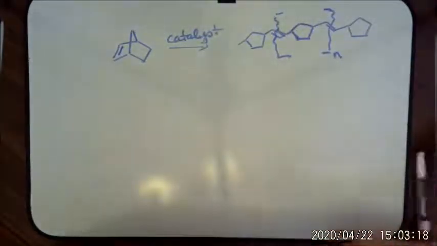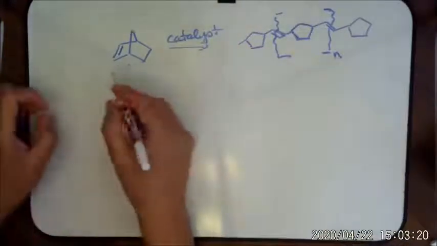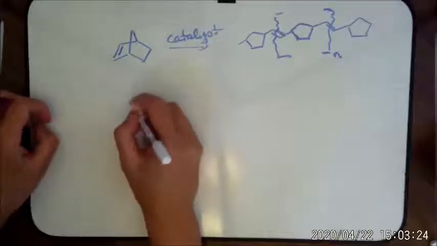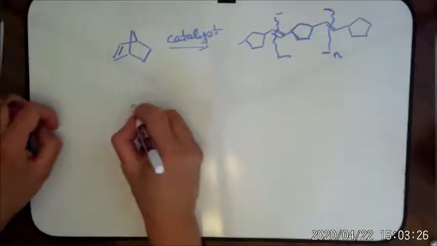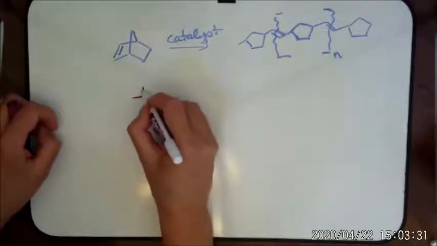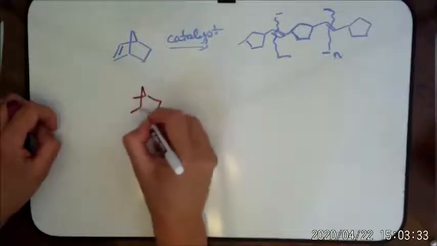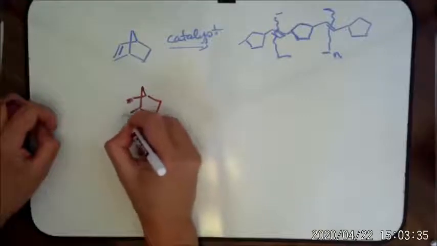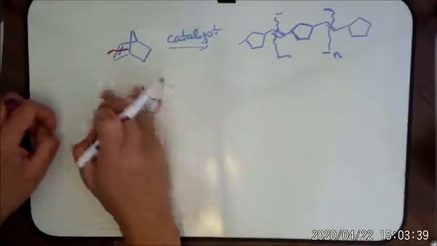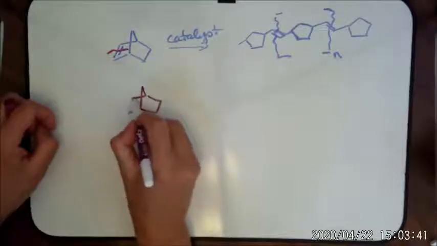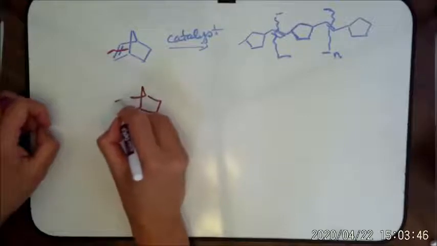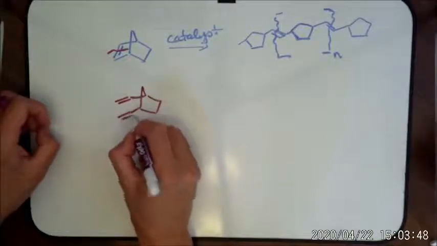Okay. So how did that work? If I take 2 of these, remember I'm going to exchange right here. Let me just show you what happens with 2 of them, and you'll get a better feeling for it. I'm going to cleave right here. Okay? So I'm going to form a double bond on this side. I'm going to form a double bond on that side.